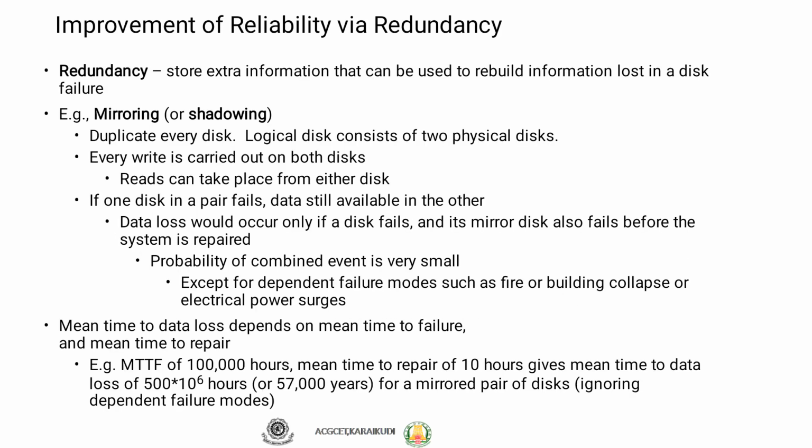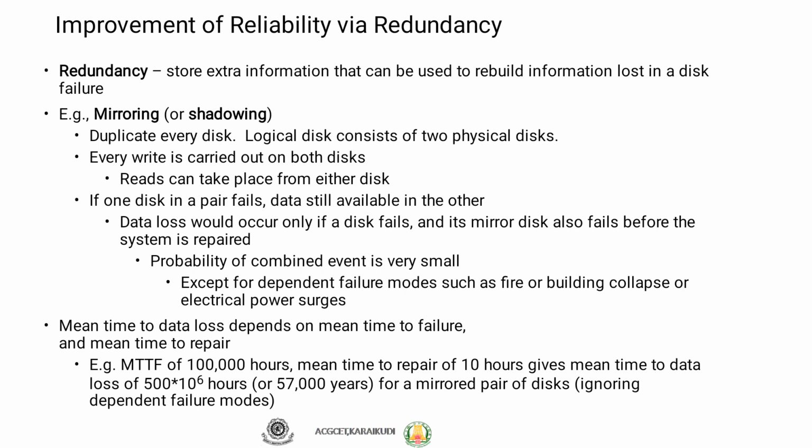Improvement of reliability via redundancy. The solution to the problem of reliability is to introduce redundancy. That is, we store extra information that is not needed normally, but that can be used in the event of failure of a disk to rebuild the lost information.